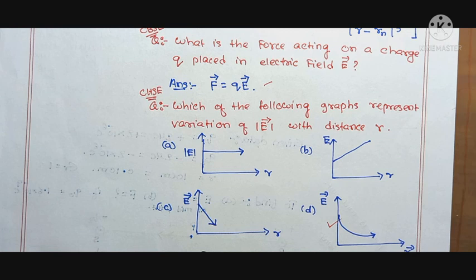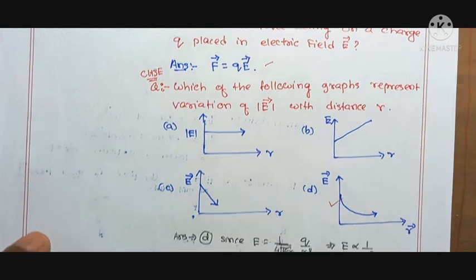This is also a board question. Which of the following graphs represent the variation of magnitude of E vector with distance r? So option is given A, B, C, D. So option D is correct.